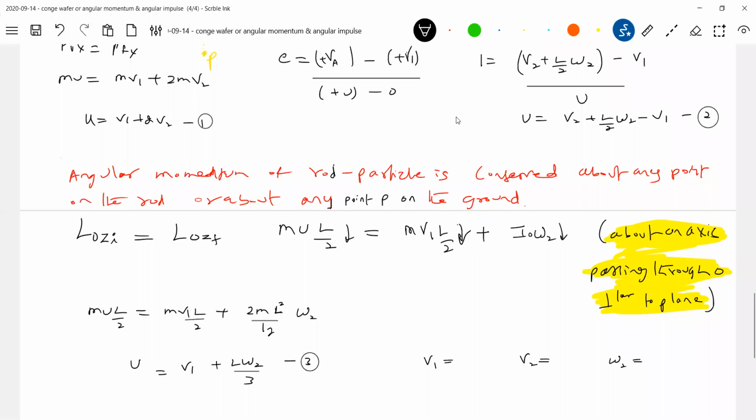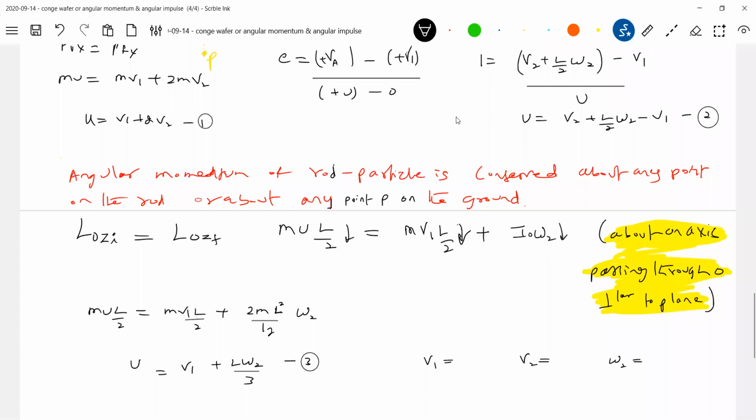Anybody answer? In terms of u, you have to bring. Answers will be in terms of u. Omega will be there. V1 and V2 are u, sir. They both are equal. Which one? V1 and V2 cannot be equal. Check it. They are equal, sir. No, equal will not come.